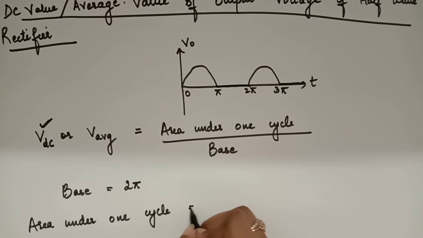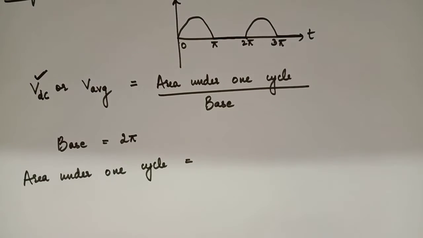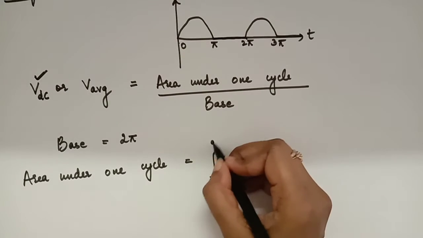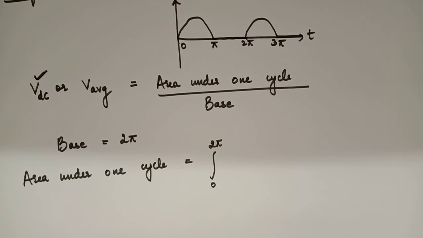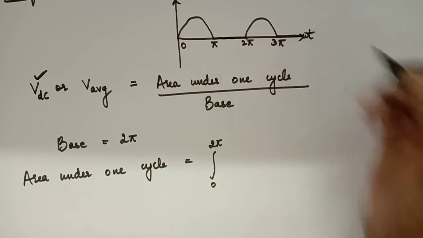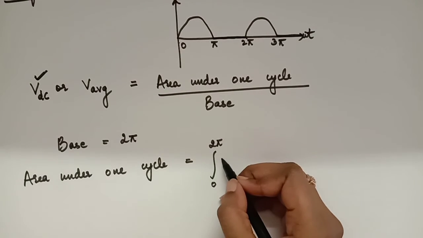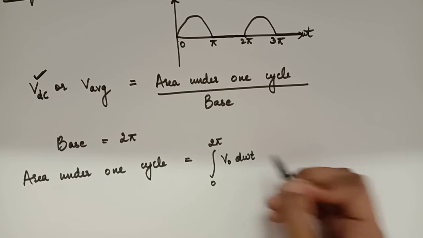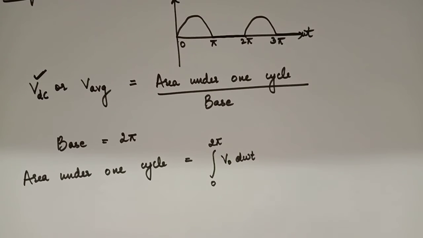Whenever you want to calculate the area under any graph, you integrate it from 0 to 2 pi, and sorry, it's omega t, and you calculate V naught d omega t.